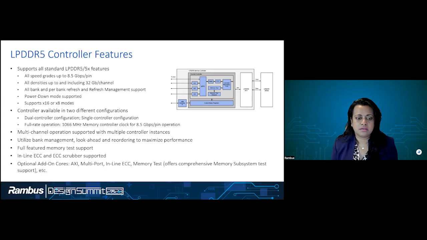We will take a look at it on the next slide a little bit in detail, and the memory test support, we will also take a look at in the upcoming slides. So these are add-on cores that you can choose to add if you need those for your specific design needs.